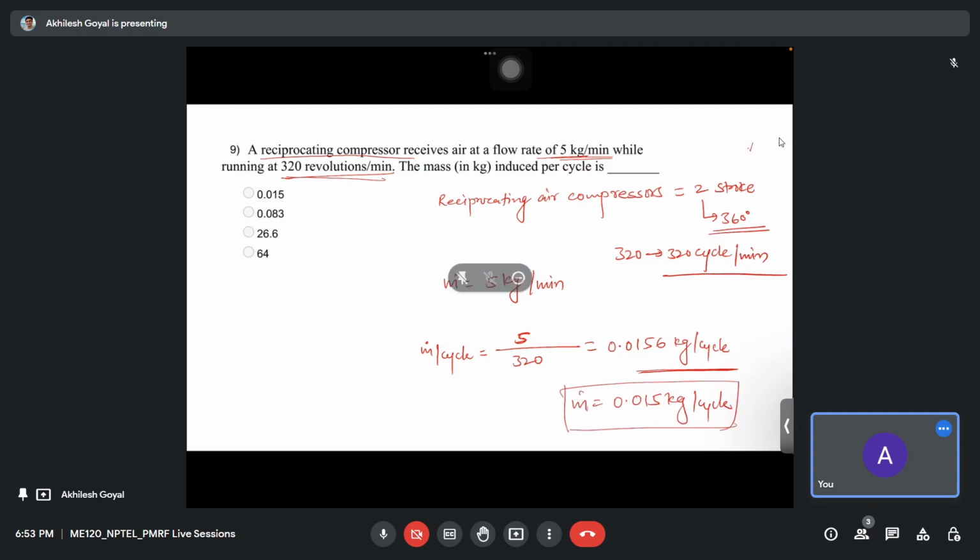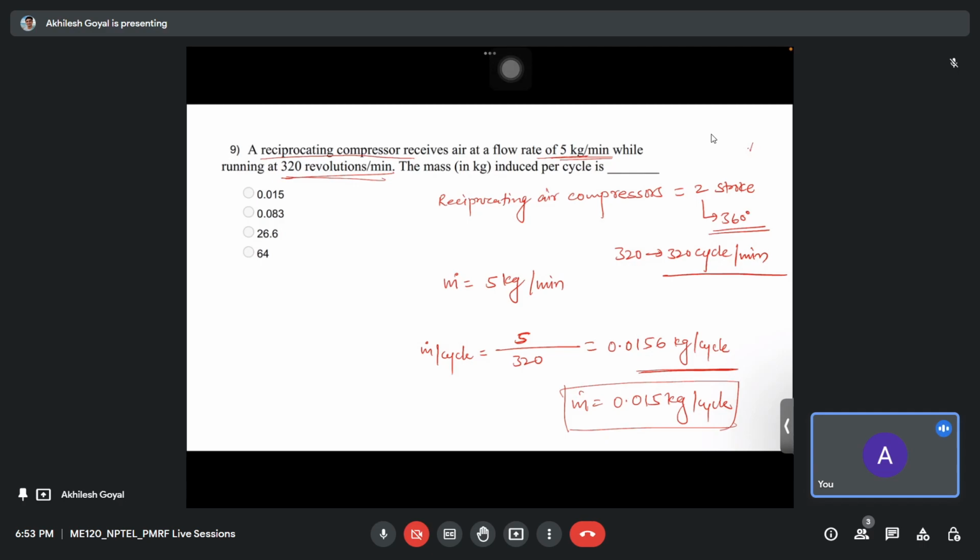So for the given air compressor with a mass flow rate of 5 kg per minute, running at 320 revolutions per minute, the mass per cycle is 0.015 kg per cycle.